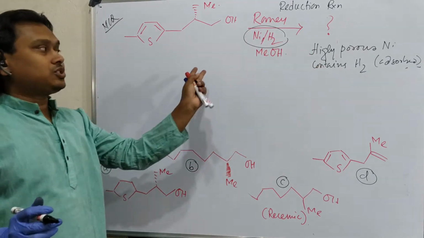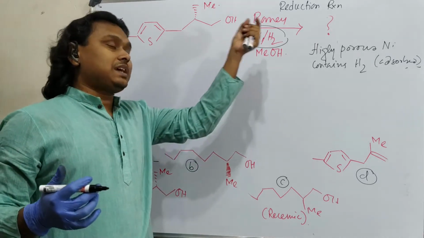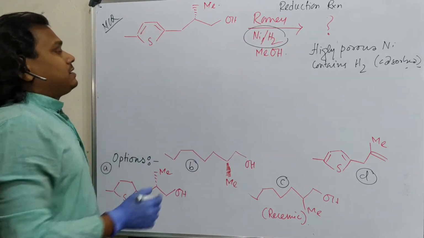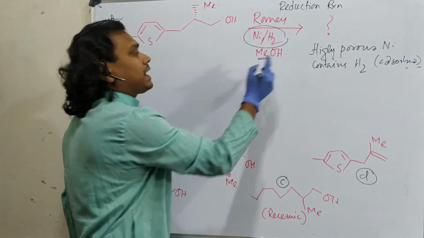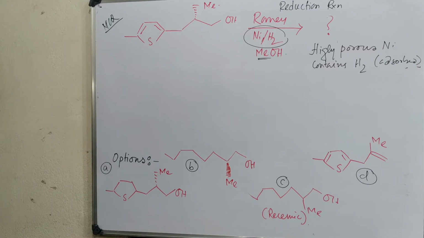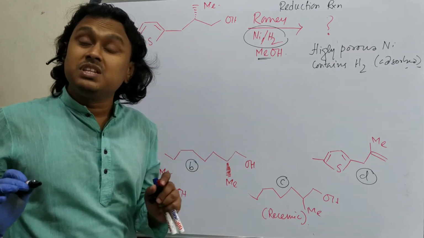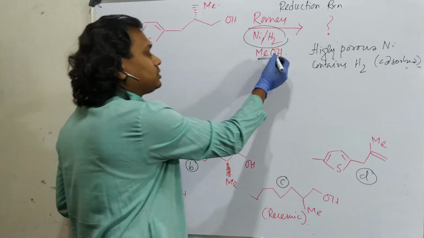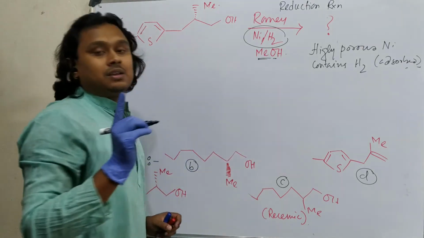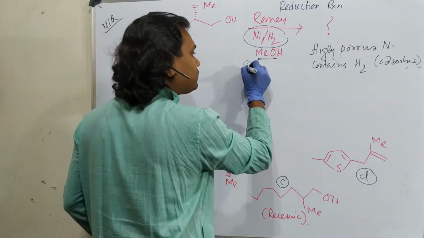So that's why generally people prefer to use Raney nickel plus additional hydrogen gas, and in this case methanol acts as a solvent. Please remember that Raney nickel is a heterogeneous catalyst, means it's not soluble in any organic solvent except mineral acids.